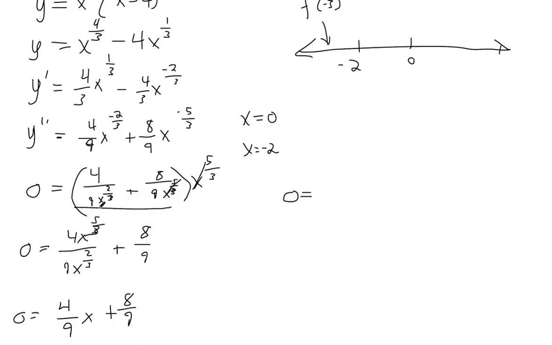Like this 4 over 9 x to the 2/3, that's the same thing as, let's see, the cubed root of x over x. Because remember, the cubed root means a 1/3 power, right? So if you got a 1/3 power and then x to the first power, they subtract to make x to the negative 2/3, which is what we had originally.